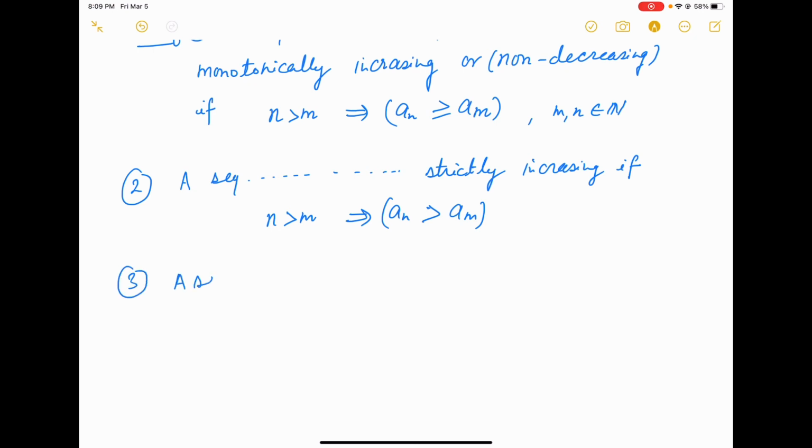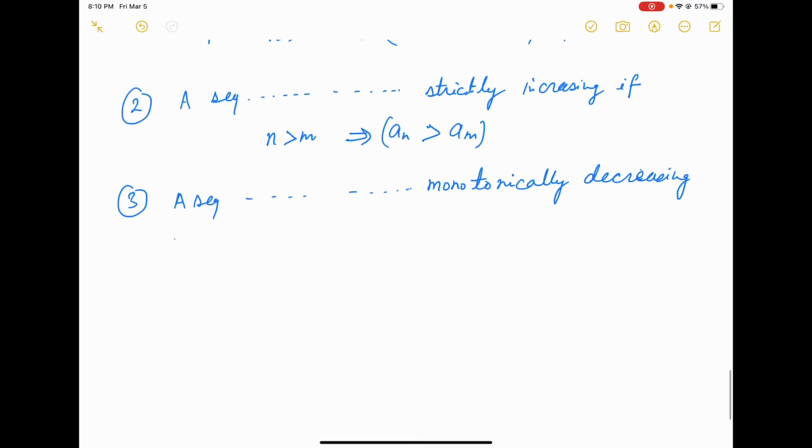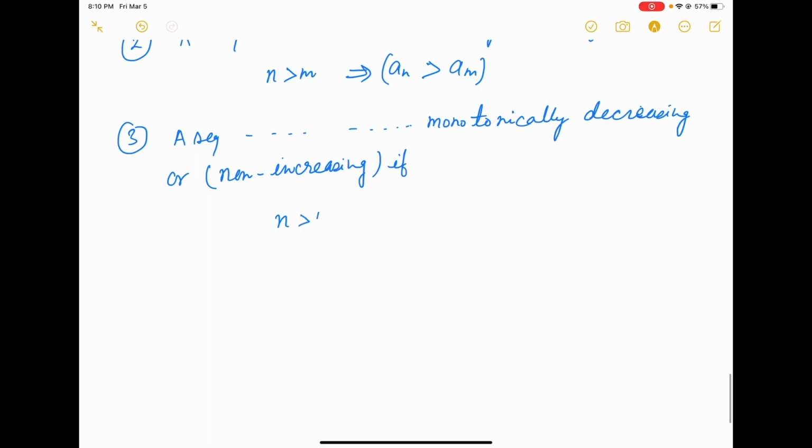Similarly, a sequence in R is said to be monotonically decreasing, or non-increasing, if n greater than m implies a_n less than or equal to a_m.